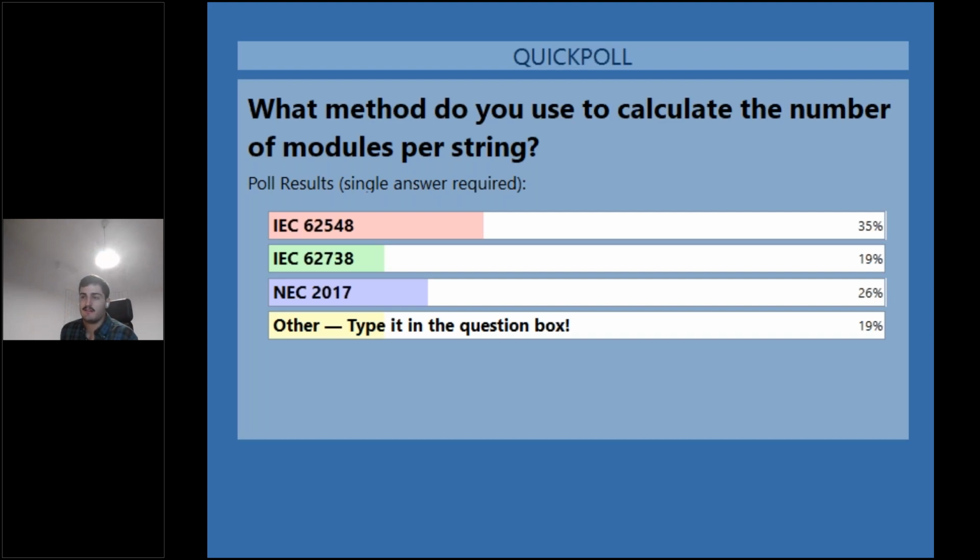So it's quite interesting also because two of the options that were having more votes, IEC 62548 and NEC 2017, are the options that actually we are considering for pvDesign. And it's quite interesting also because normally it's the solution that will then for sure exceed the maximum voltage of the PV plant, and is the most conservative one in my opinion.